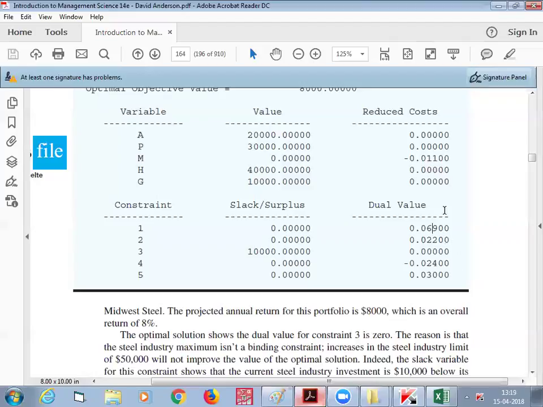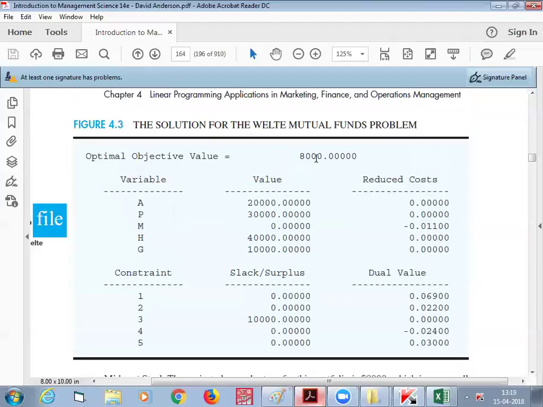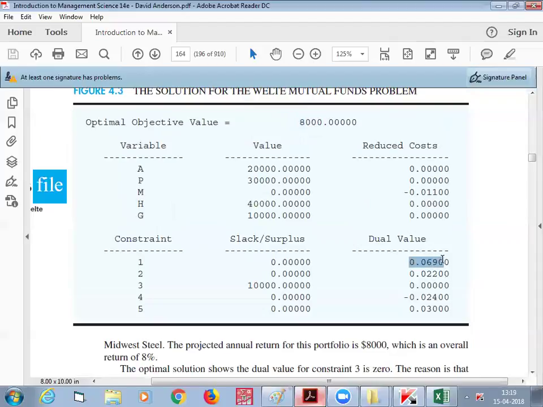But one peculiar thing is that I've invested $100,000 and I've got 8,000 return. So the rate of return of the portfolio is 8%. But the marginal rate of return is 6.9%. Why is that happening? If my portfolio is giving 8%, why shouldn't my marginal rate of return also be 8%?